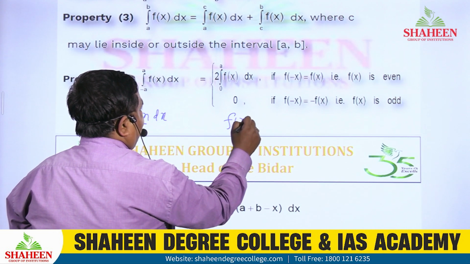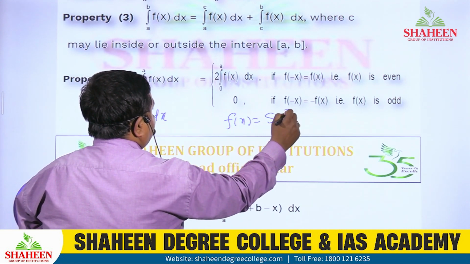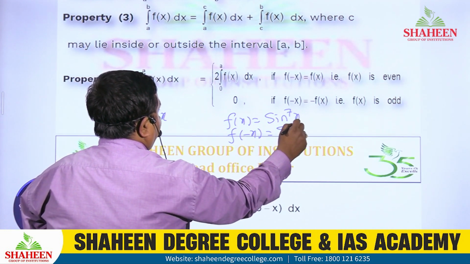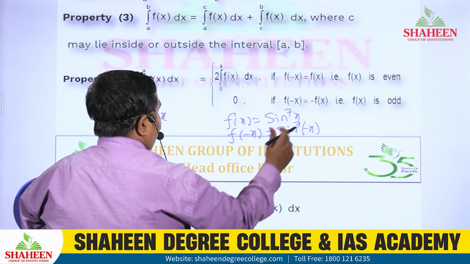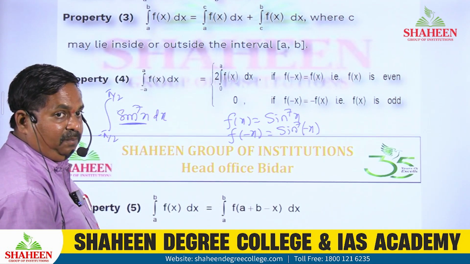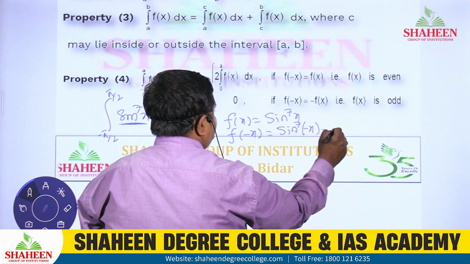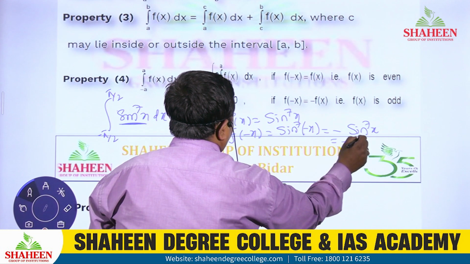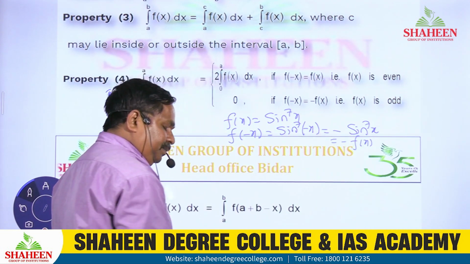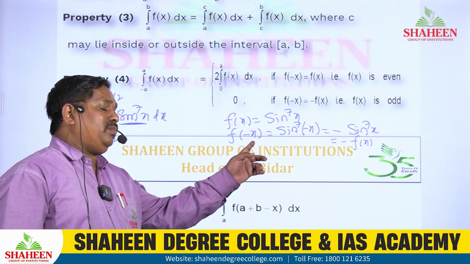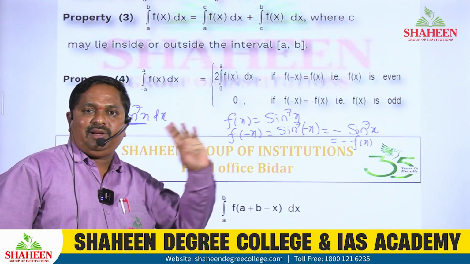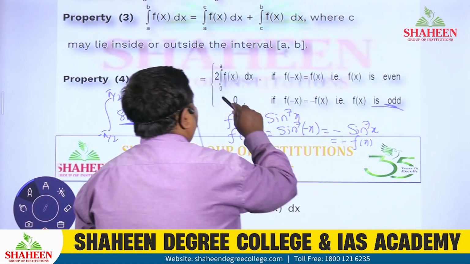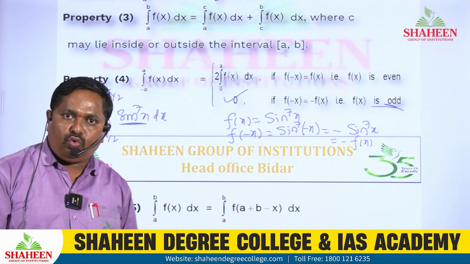Here f of x is sine power 7x. If we take x as minus x, this becomes sine power 7 of minus x. You know that sine minus theta is minus sine theta, and minus to the power 7 is minus only, that is minus sine power 7x. This is nothing but minus f of x. This is an odd function. On taking x equal to minus x, we are getting minus f of x, so it is an odd function. If it is an odd function, then its integral is 0.